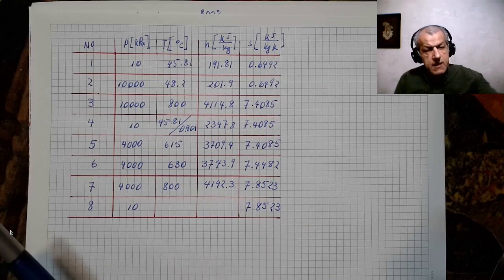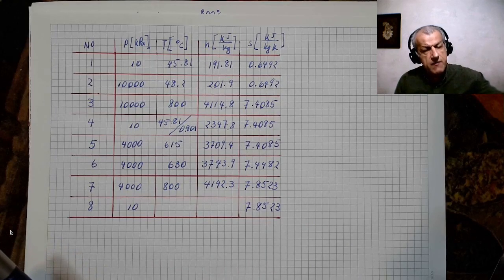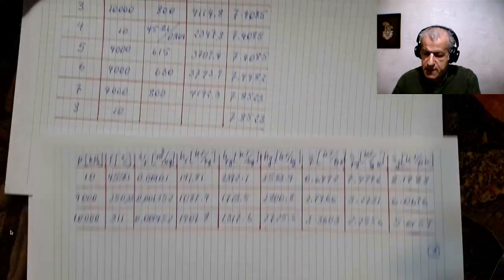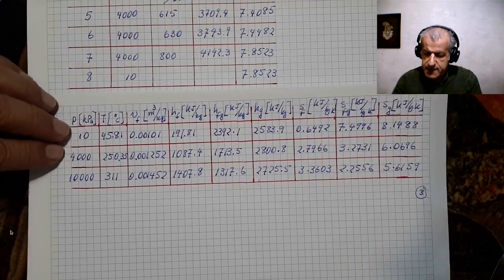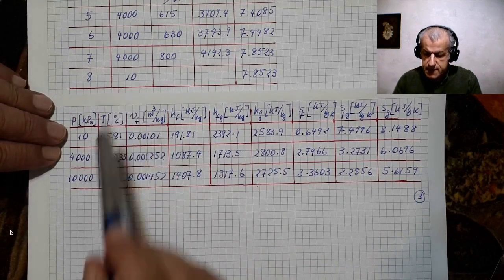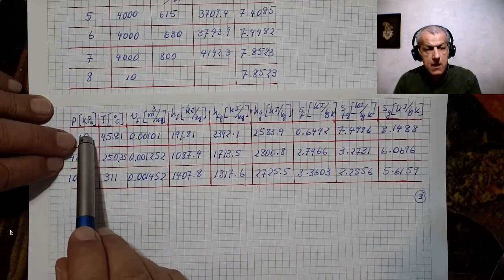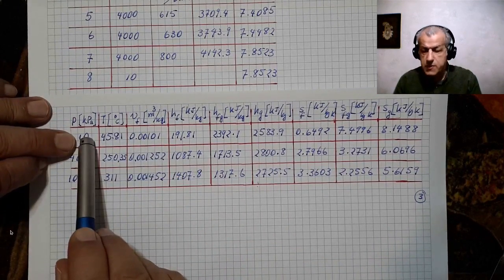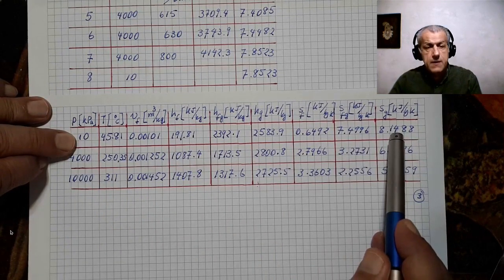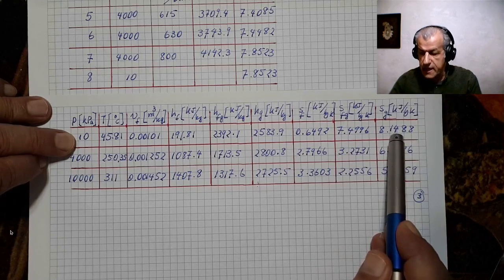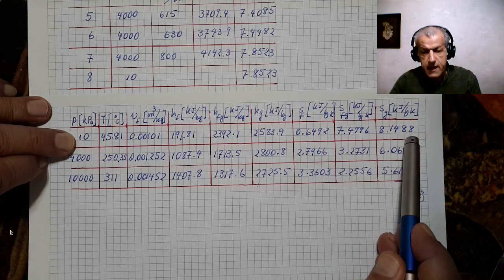A very easy way to check where we stand is returning to the property tables and seeing, at 10 kilopascal, what the saturation entropy is. The saturated vapor entropy is 8.1488.